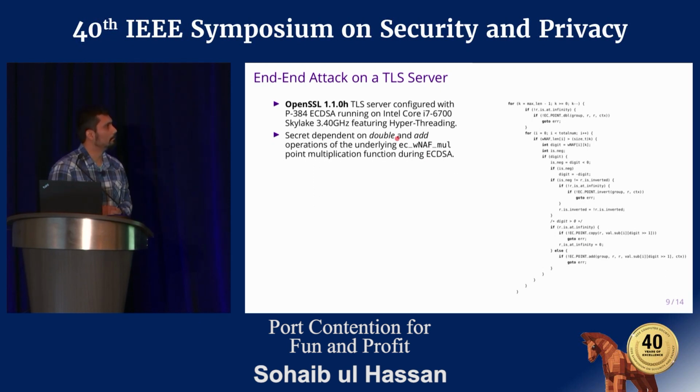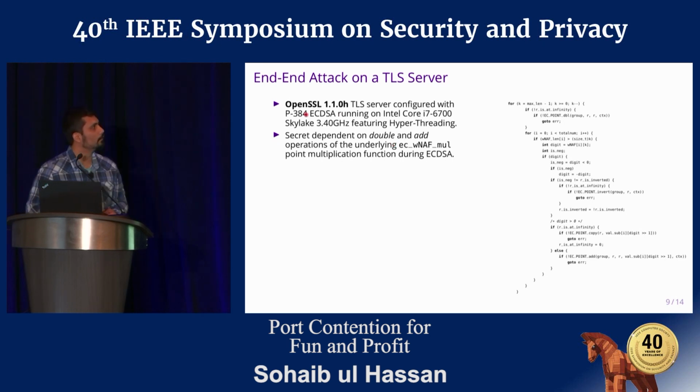In order to prove that this is a side channel technique that can be used to attack real-world applications, we performed an attack on a TLS server, and specifically the ECDSA signature generation.